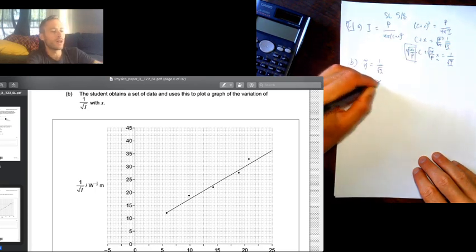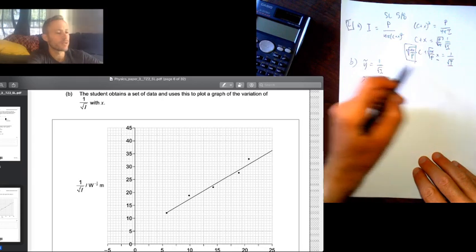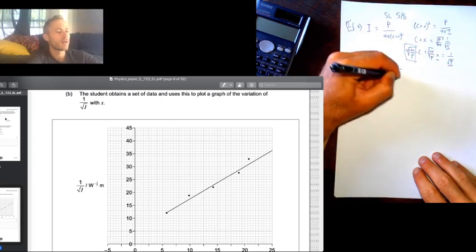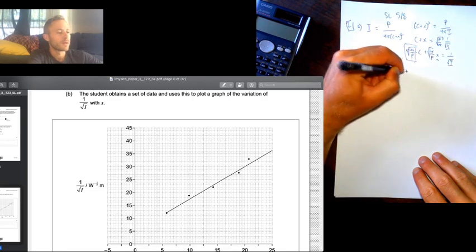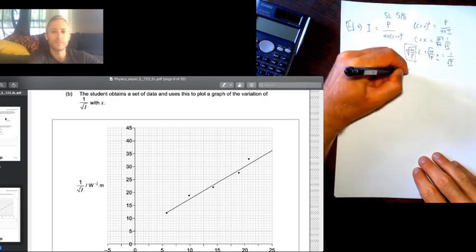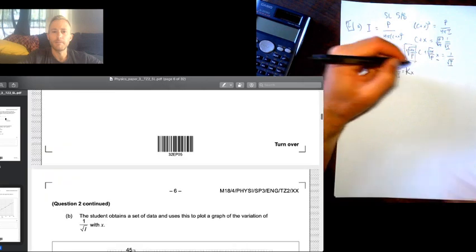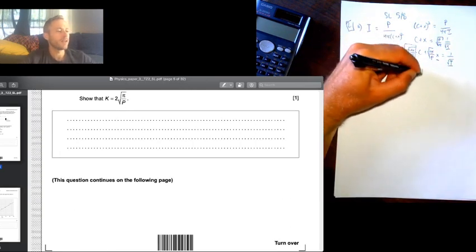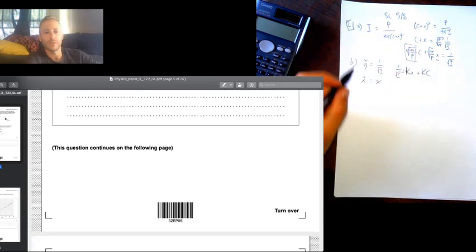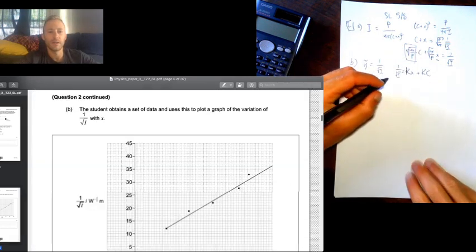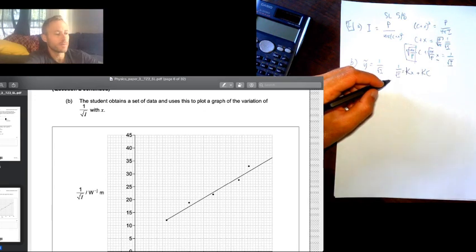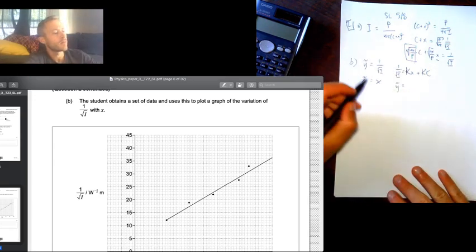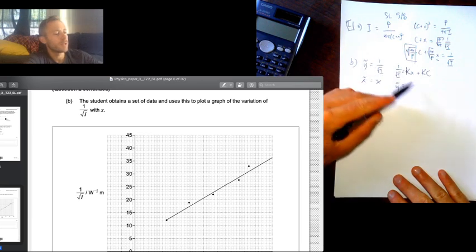So when we do that, our equation becomes, the equation was 1 over square root of I equals kx plus kc, and they're letting 1 over square root of I be y squiggle, and they're letting x be x squiggle.